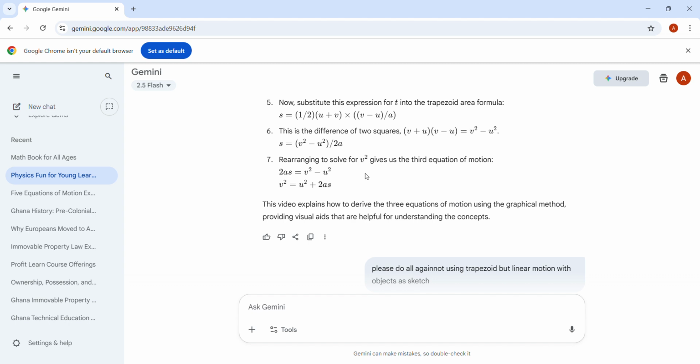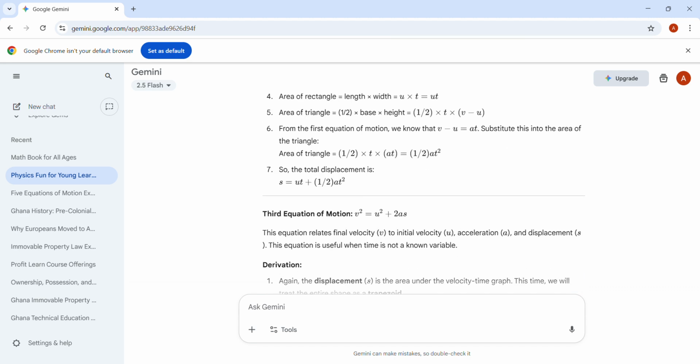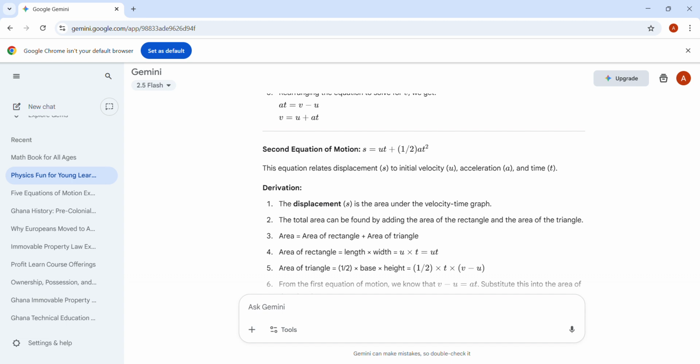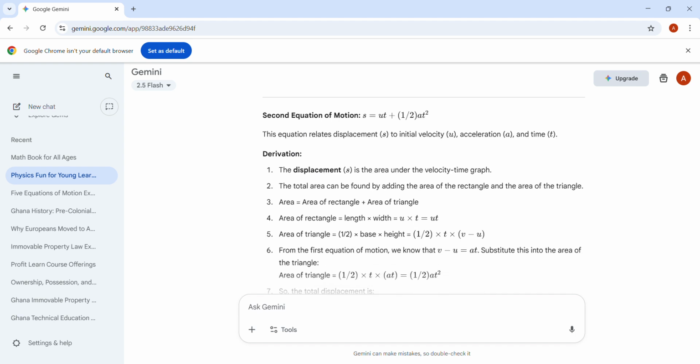Okay, so the next thing is we want the second equation. We want an equation which has s, which has u, and which has t and a. So if we take our second equation where s is equal to v plus u over 2 times t, we can try our hands on that one.